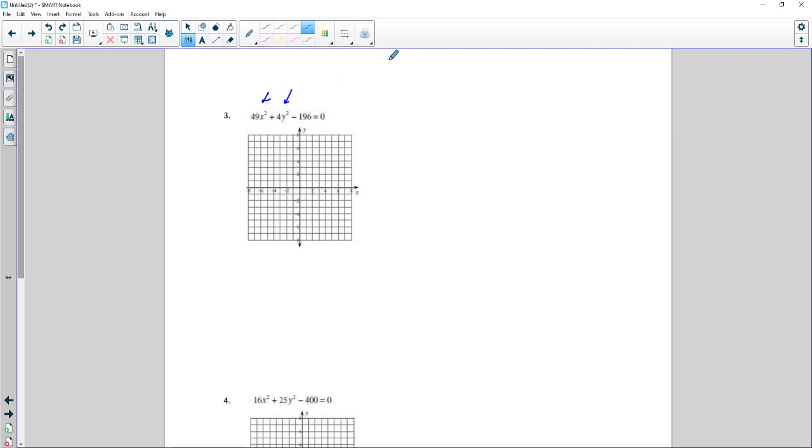So all we're going to do now is move the constant, which is this 196, over and make it positive. Then your standard form equation is always equal to 1, so we're just going to divide everything by 196. That's all that's going to happen. And this will fix itself, as it turns out.